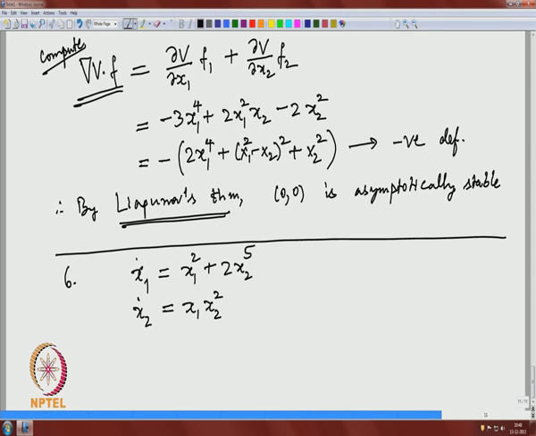So, observe that if this 2 x2 to the 5, this perturbation were not there, this is already an unstable system, and if this x1 were replaced by some positive constant, again the second equation is also unstable. So, we can expect this 0 0 is the only equilibrium point.